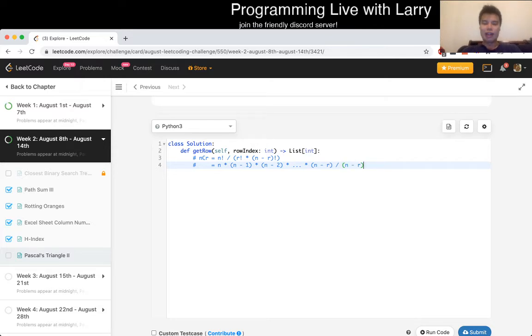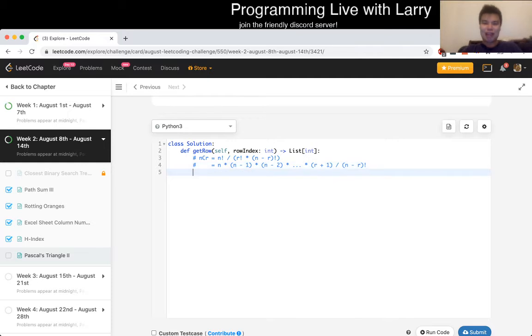Oh, actually that's wrong, I guess. It's just n plus 1 or something like that, right? So that all the r factorial cancels out and so forth.